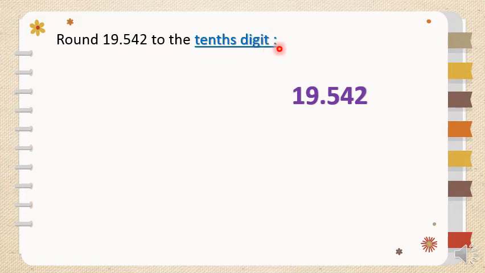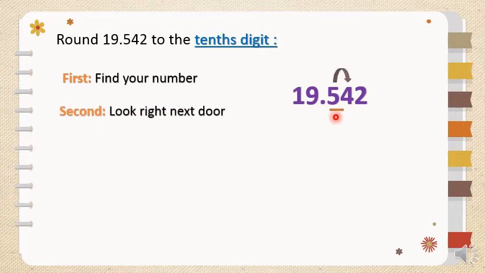Following the steps, 1. Let's find our digit. It's the 10th digit. This is our target, the 10th. What is the 10th? Here it is. So underline this digit. Then we look to the next digit, which is 4.